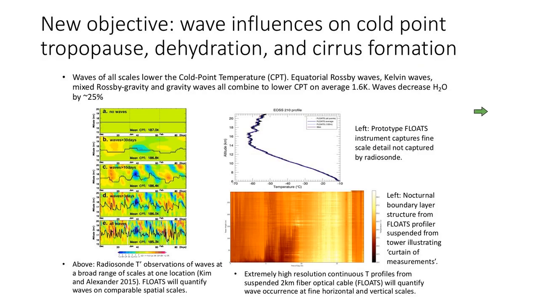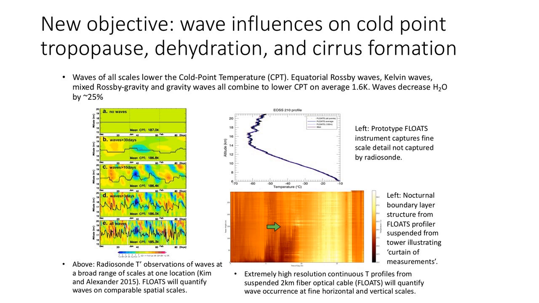The FLOATS instrument is another instrument that we're trying to use to get more detailed information on the waves, in particular in terms of what's going on at the cold point tropopause. The FLOATS instrument is a fiber optic cable that hangs 2 kilometers beneath the balloon and measures temperature every 5 meters down the cable. And so as the balloon's flying around, with time, you get a profile of temperature structure.